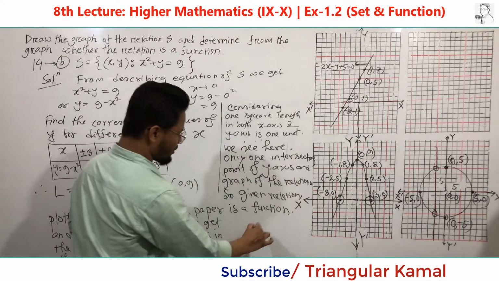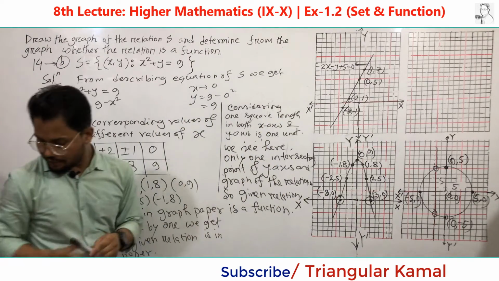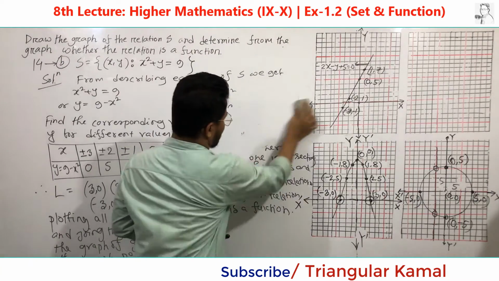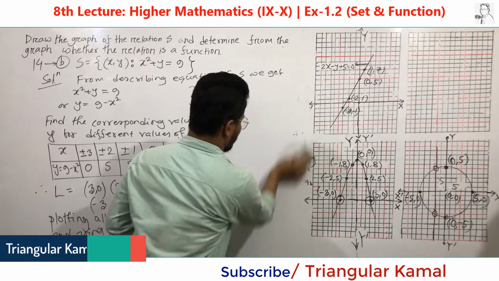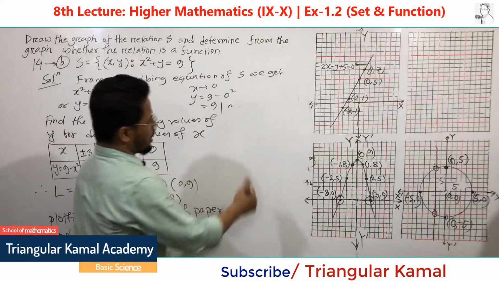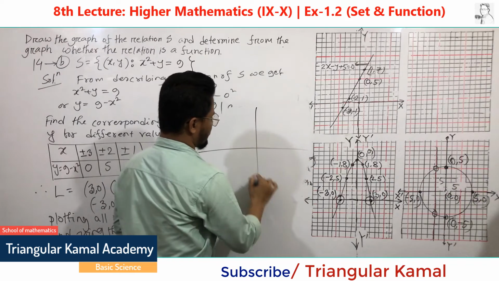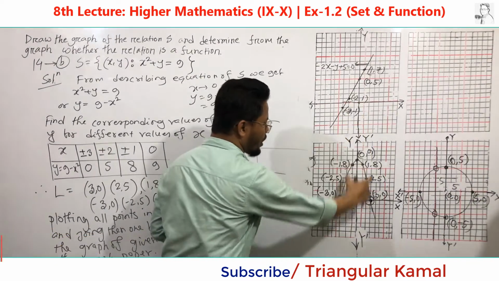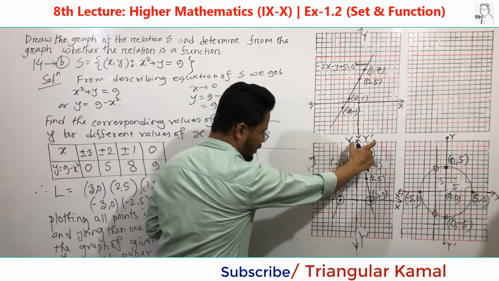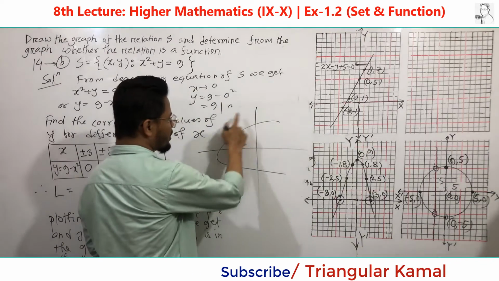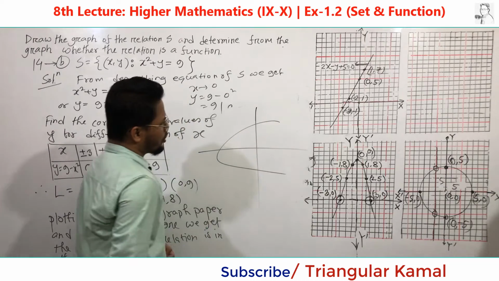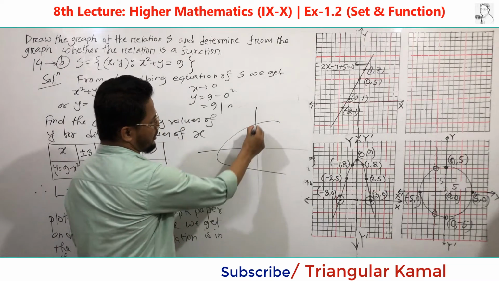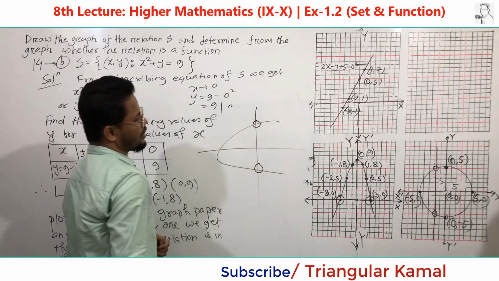But if our graph would be like this, on the upper side of the y-axis or the lower side of the y-axis, if the graph would be like this, what will happen? How many intersecting points will you get now? 2.